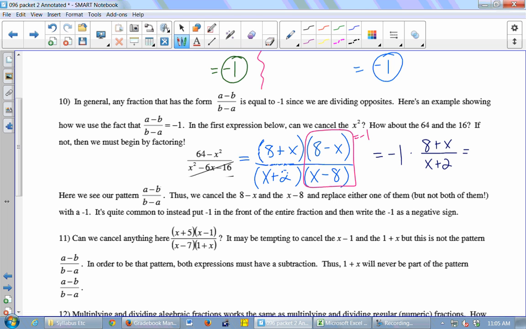And then, oh yeah, -1 is often just written as -(8 plus x) over x plus 2. That okay? All right.